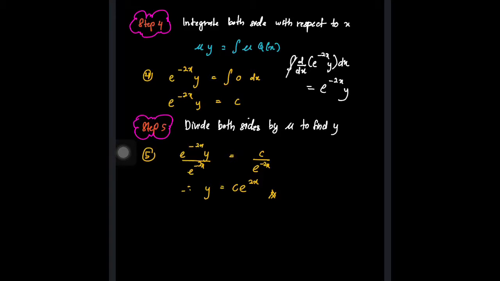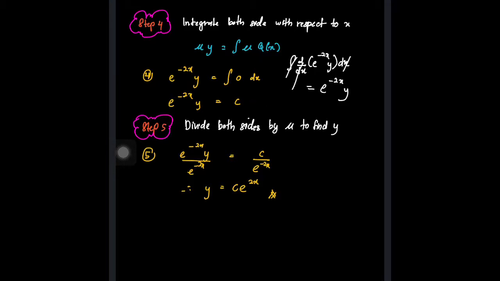So this one you can cancel out, so that's why you just get the same term here, which is what is left, your mu y. So in this case, e power of negative 2x times y. And then on the right hand side, you just integrate as usual. So in this case, since you integrate 0, what is left is only 0 plus c.